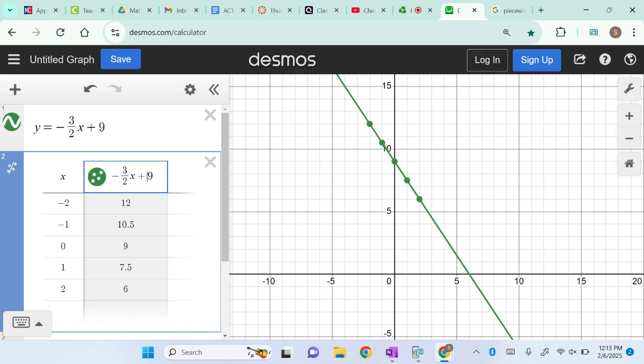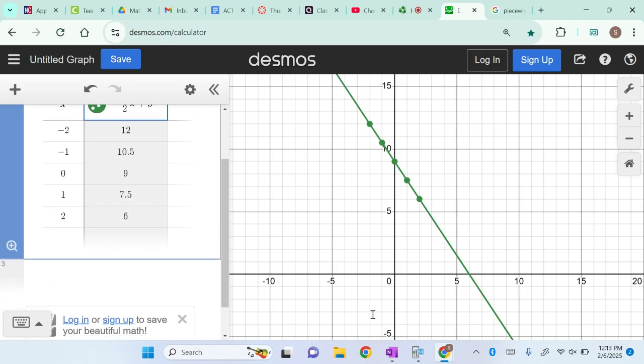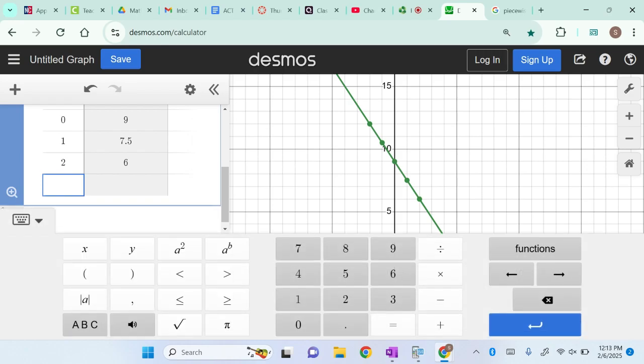And then I'm going to scroll down to where my x is 2, and I'm just going to add in my other x values. So 3, 4, 5, and 6.